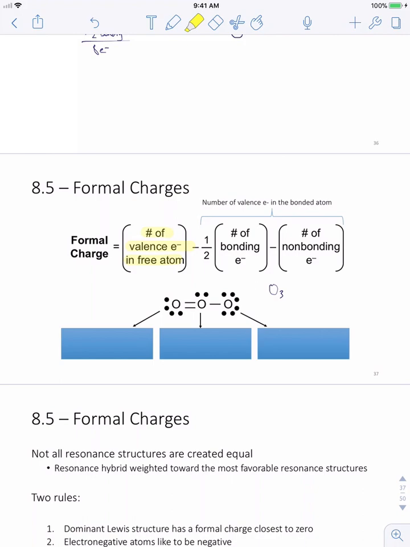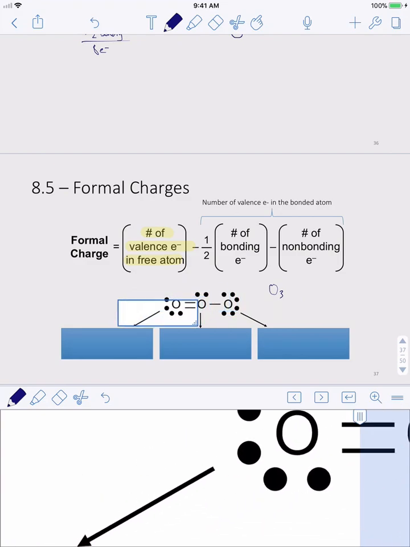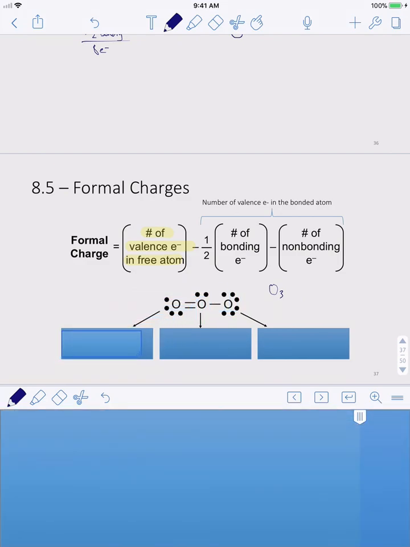So if we do it in the case of the first oxygen on the leftmost, I'm going to do it in each of these boxes here. Here I take the number of valence electrons in the free atom. Well, that is 6 for oxygen. And I'm going to subtract out half of the bonding electrons.